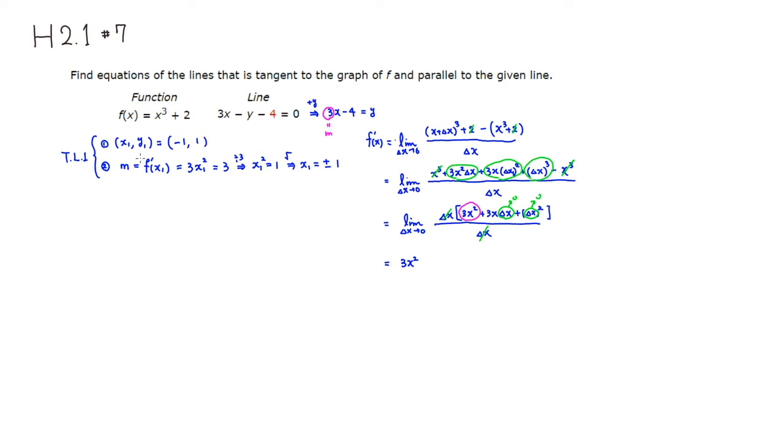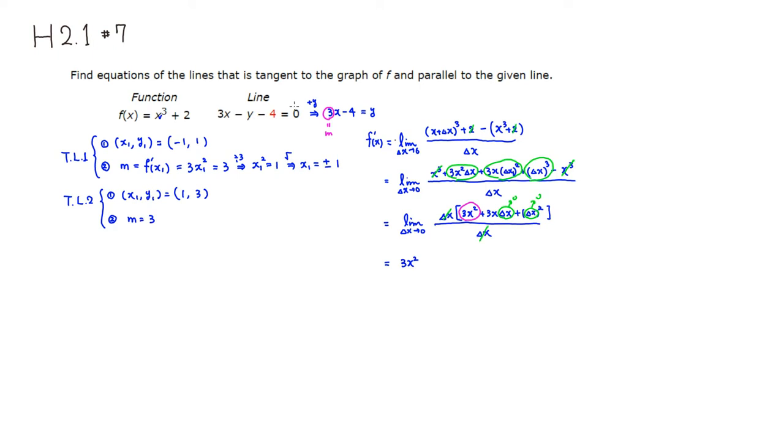Then tangent line number 2, we use a different point, x1, y1. The other one is positive 1. If you plug in positive 1, you get 3, so the corresponding y value is 3. And of course that slope is 3, because it has to be parallel to the line.